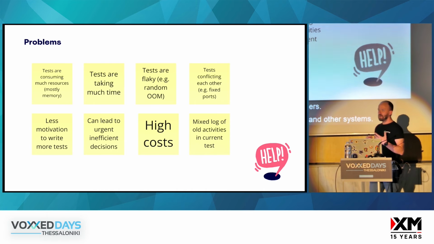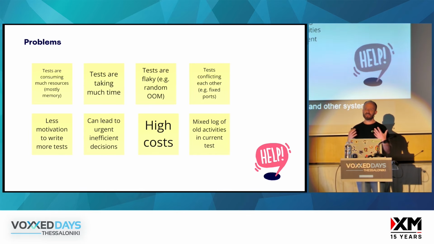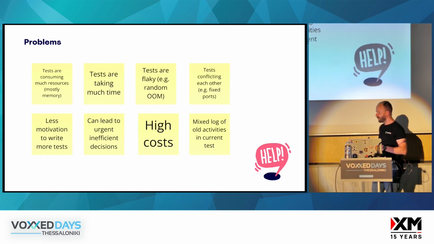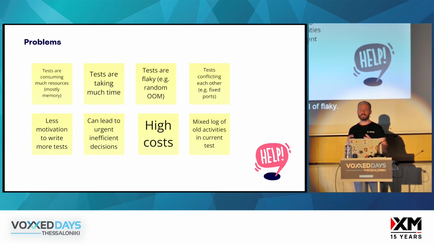With the project growth, at some moment we started observing lots of troubles. Our tests were taking much memory, taking much time, and they were kind of flaky. Also, our tests were conflicting with each other, for example, trying to open server ports on a fixed number of ports.